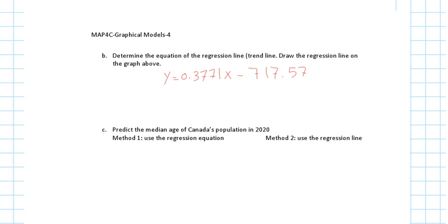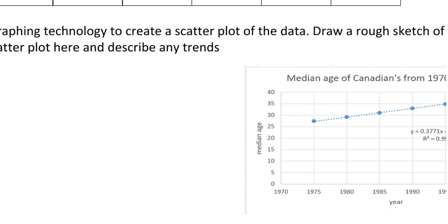So now the next question is asking you to predict the median age of Canada's population in 2020 using the equation first. So if you want to use the equation, how would you find the median age in 2020? What does 2020 represent in your equation? X, right? Because look here, year is on the x-axis, right? So 2020 is my x value.